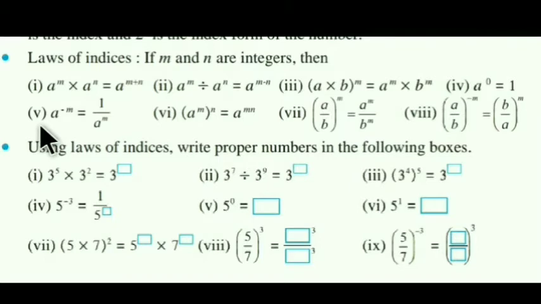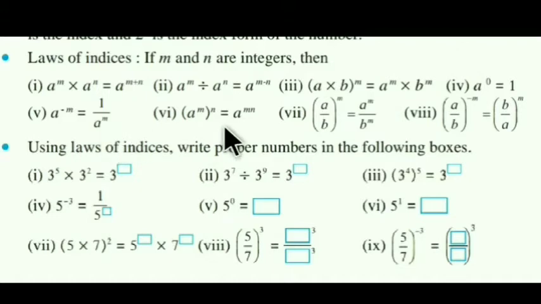Then the fifth law: a raised to minus m is equal to 1 upon a raised to m. Here we take a in the denominator, and the index of that number becomes positive.